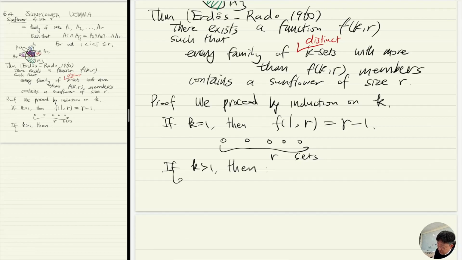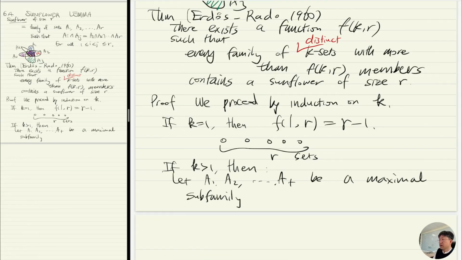So let A1, A2, ..., At be a maximal subcollection, subfamily of pairwise disjoint members.